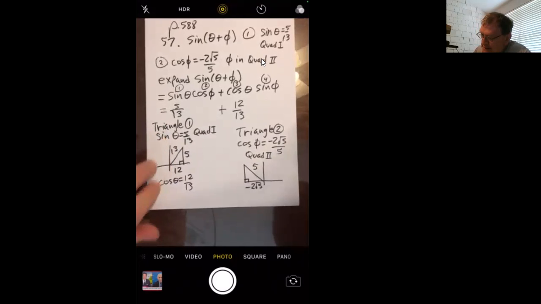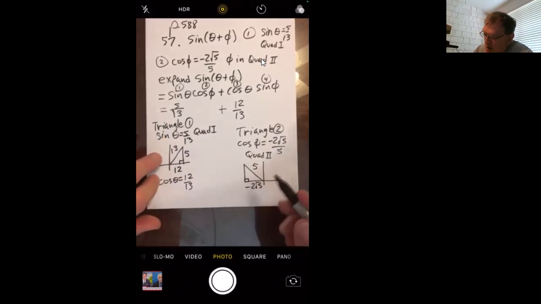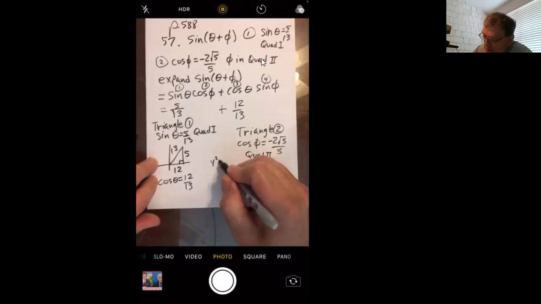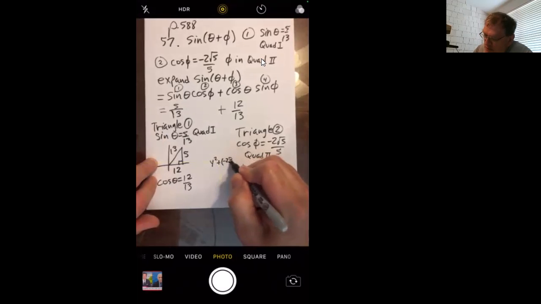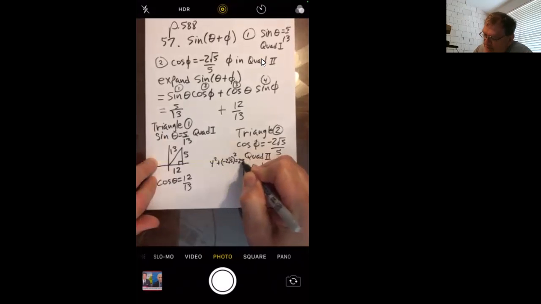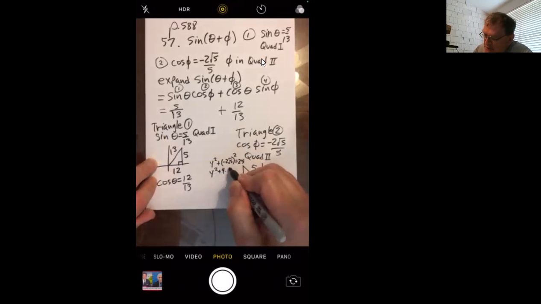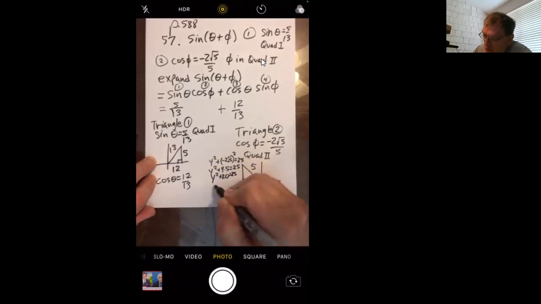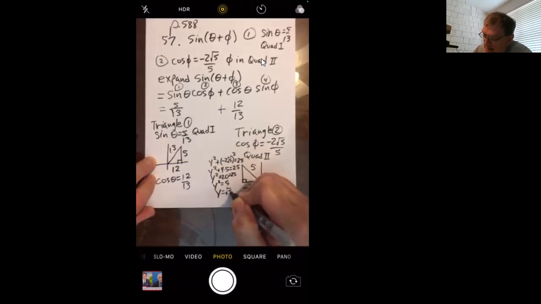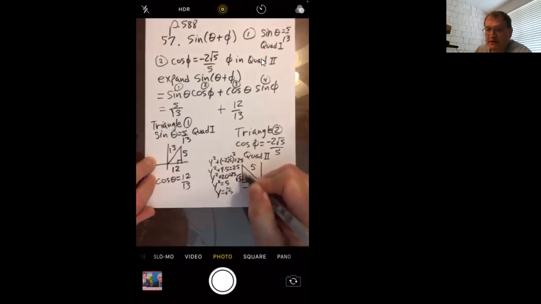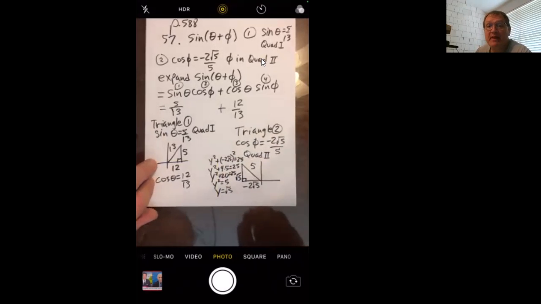I have to puzzle out this y side. So y squared plus -2√5 quantity squared equals 5 squared, 25. Plus 4 times 5 equals 25. Y squared plus 20 equals 25. So y squared equals 5. Y is the square root of 5. And it's positive, as your quadrant 2.